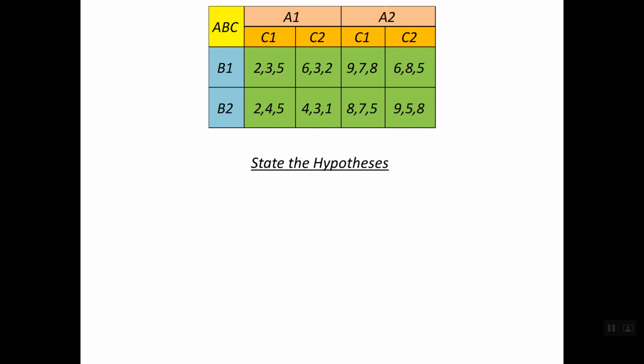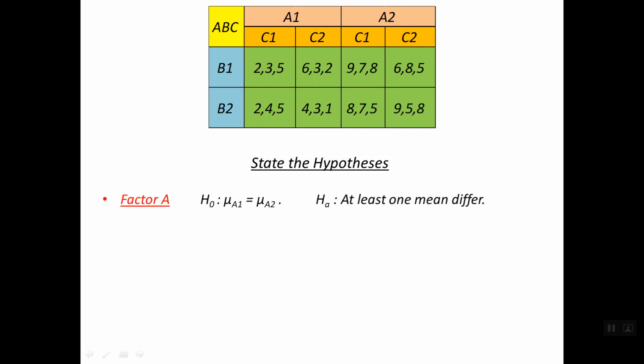First of all, before starting the calculation, the first step is to state the hypothesis. Actually, in case of the three-way ANOVA, we have 7 sets of hypotheses, 3 sets for the 3 main factors and 4 for the combinations between these 3 factors.